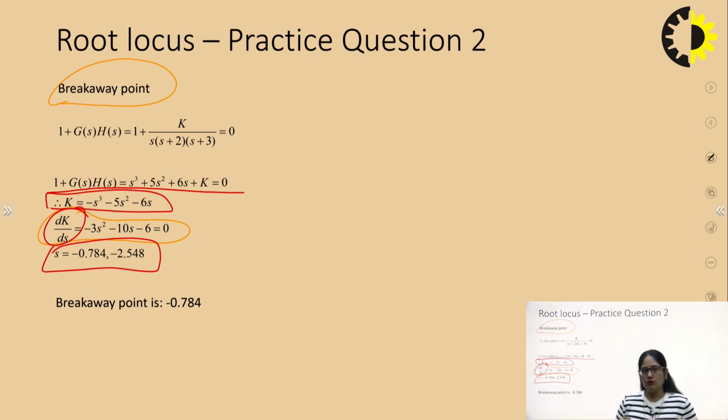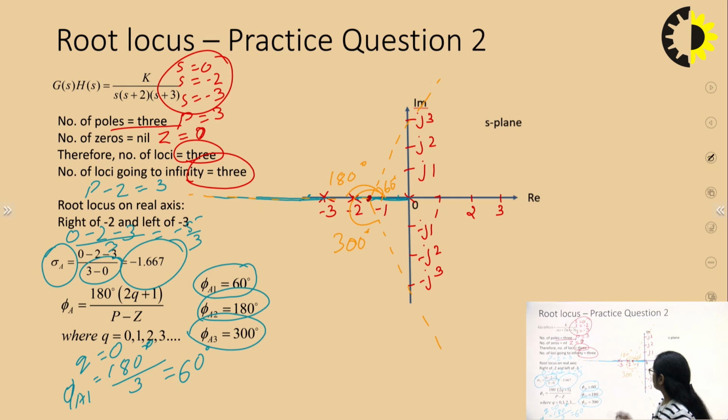Looking at this, we are getting two values. To know which is the breakaway point among these two, we need to know which is lying on the real axis. Now, we can clearly see that this minus 2.5 comes somewhere here. Between minus 3 and minus 2, that part of the real axis is not a root locus.